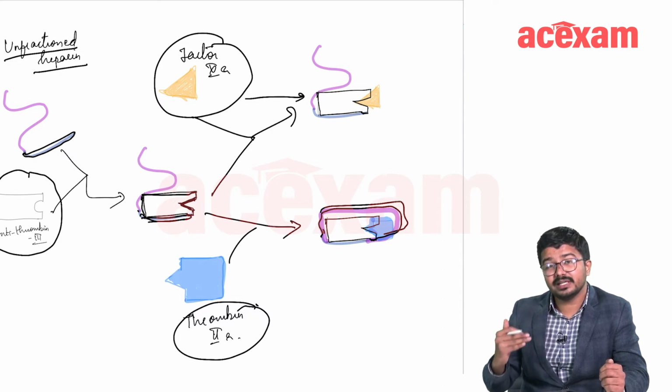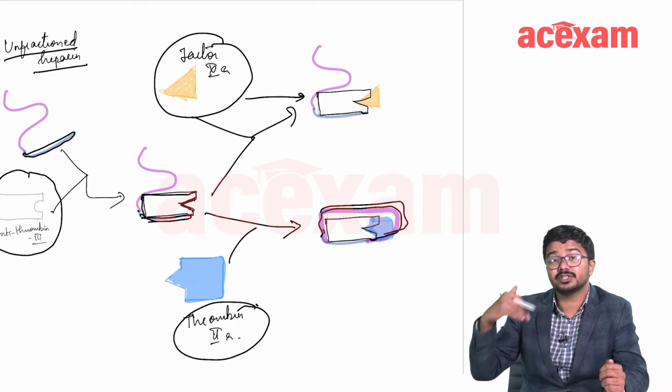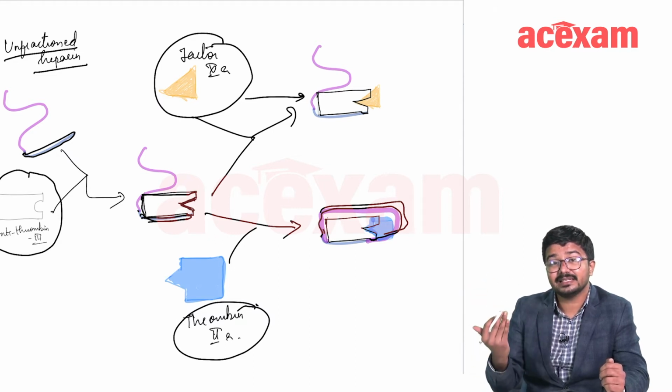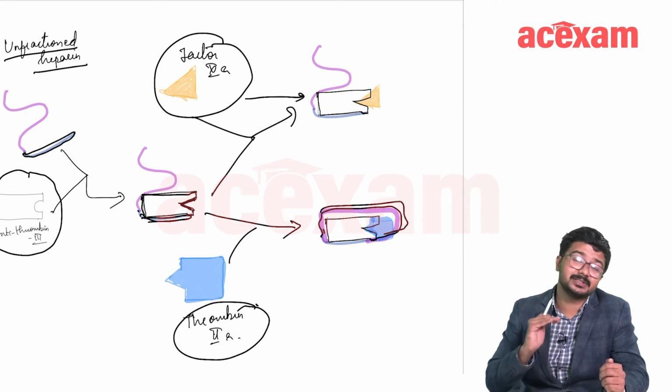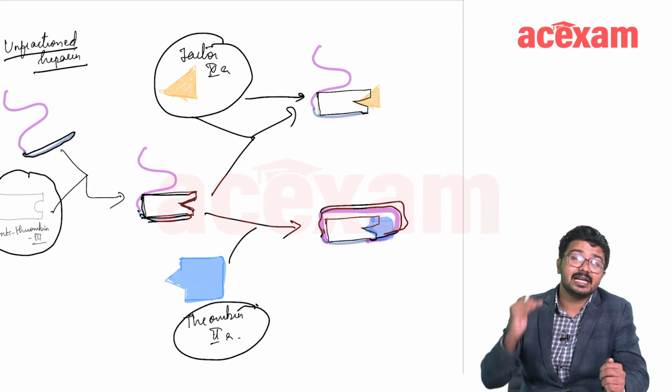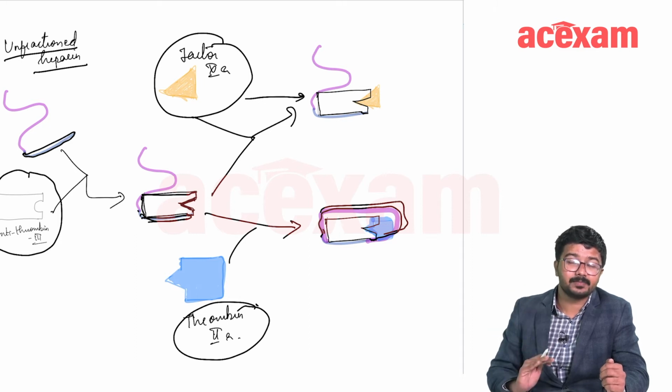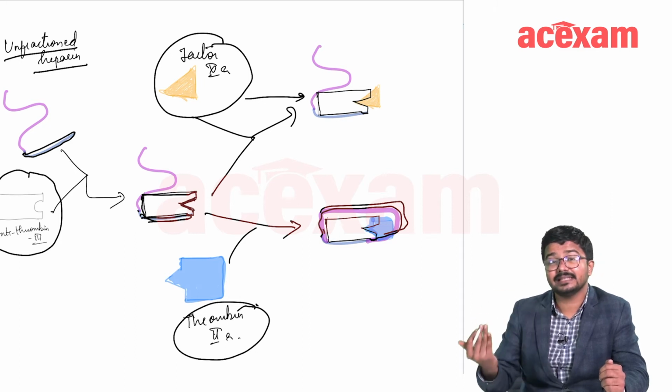So here what heparin does is basically to enhance the function of antithrombin 3 rather than inhibit the structure of antithrombin 3. So this was a mistake in the question. They have written inhibit antithrombin 3, but rather it was enhance antithrombin 3.